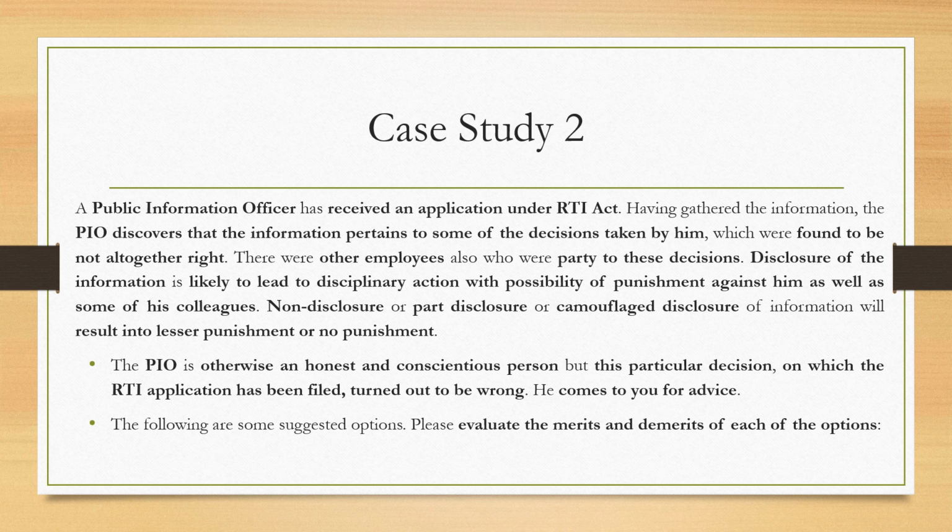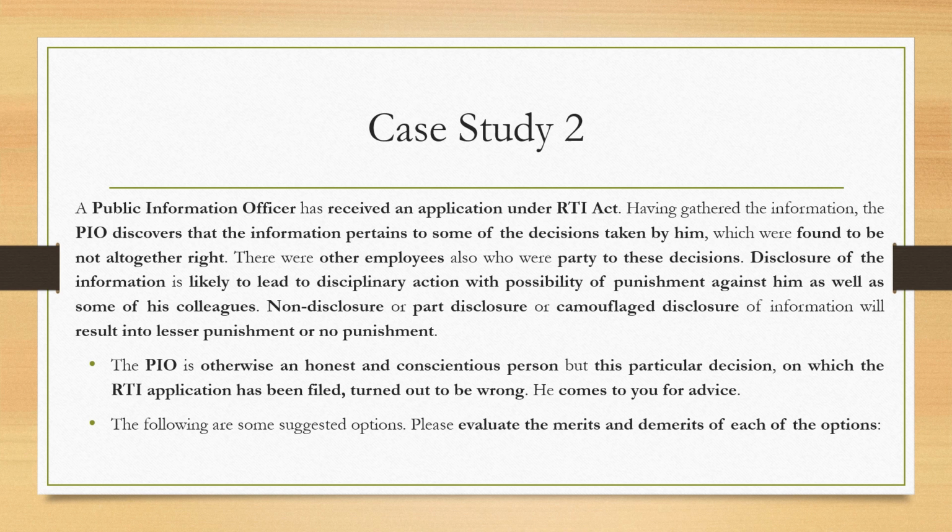Non-disclosure or part disclosure or camouflage disclosure of information will result into lesser punishment or no punishment. The PIO is otherwise an honest and conscientious person, but this particular decision on which the RTI application has been filed turned out to be wrong. He comes to you for advice. The following are some suggested options. Please evaluate the merits and demerits of each of the options.